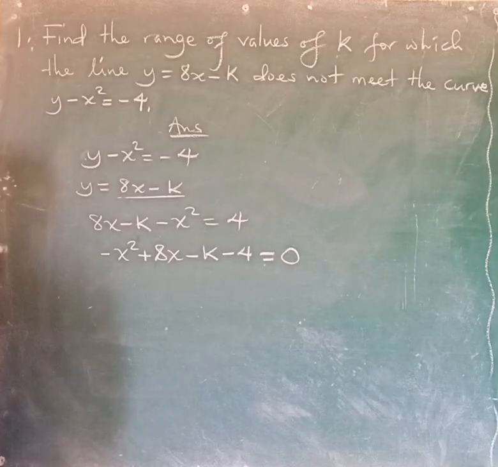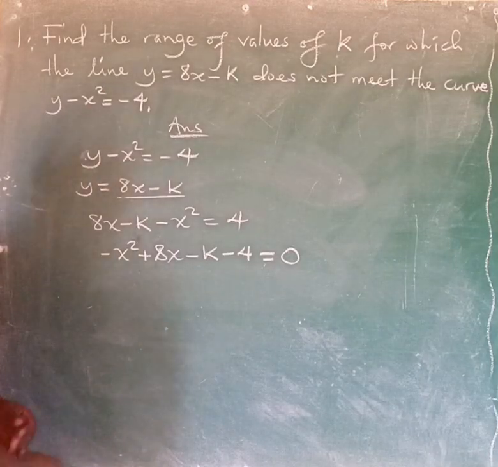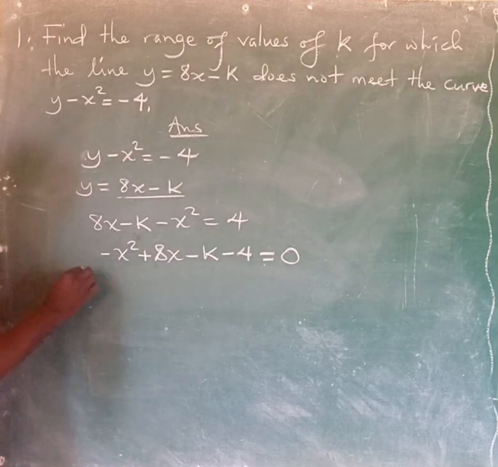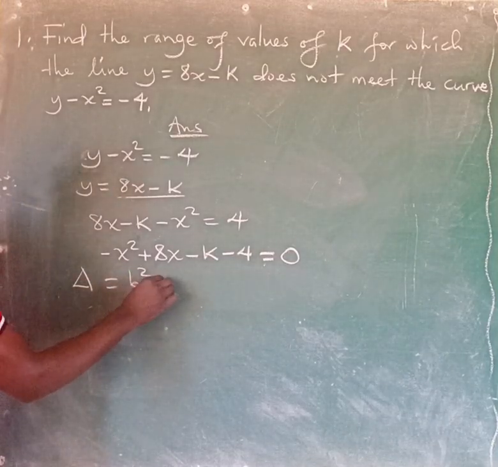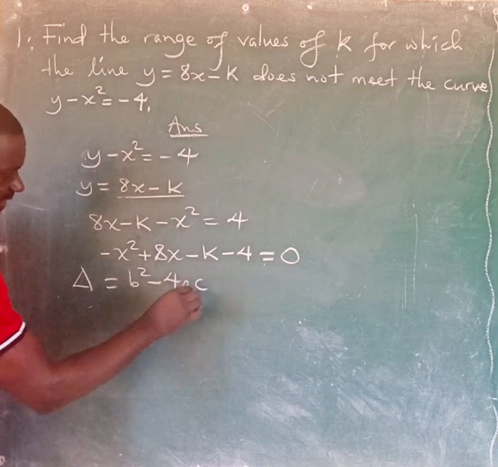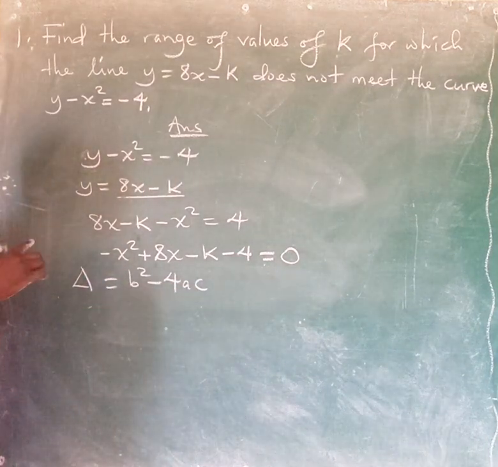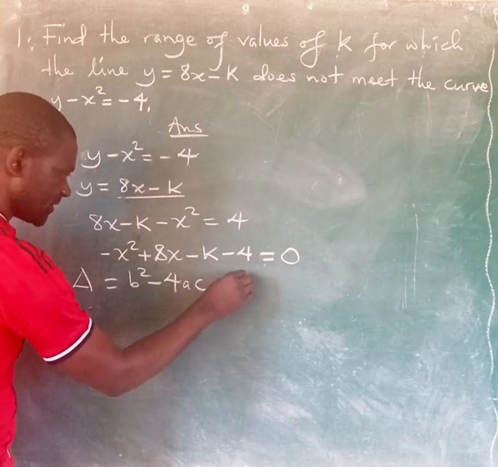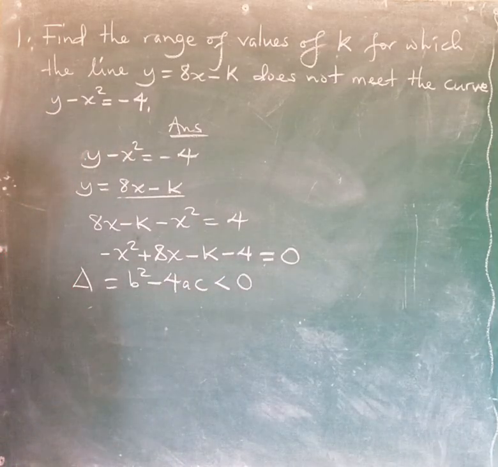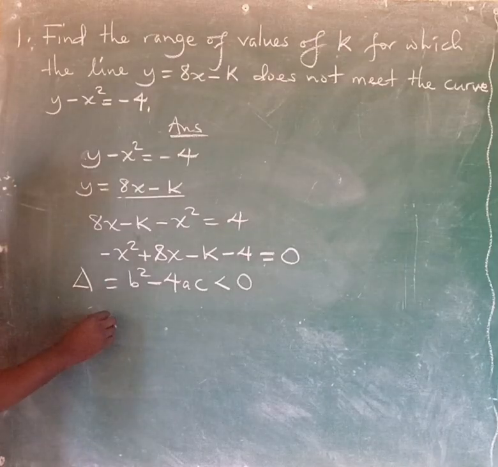From there, we now bring in the issue of the discriminant. We know the discriminant is simply equal to b squared minus 4ac. And if it does not touch the curve, it means this should be less than 0. So we just substitute the values from here.